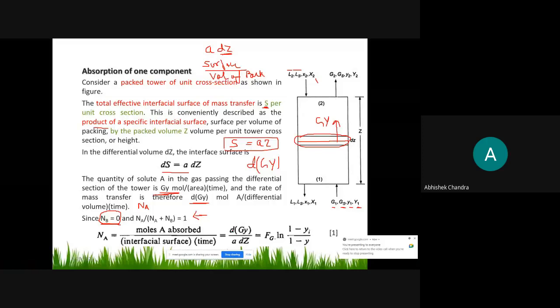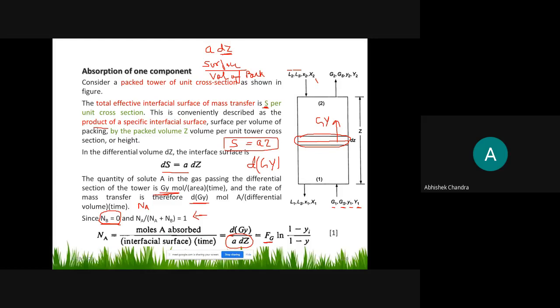So this is Fg ln of 1 minus Yi upon 1 minus Y, which we have seen previously. And the rate of mass transfer is dGy, divided by the effective surface area A dZ, and this is again NA, because the unit of NA is moles of A absorbed per unit interfacial surface area per time.